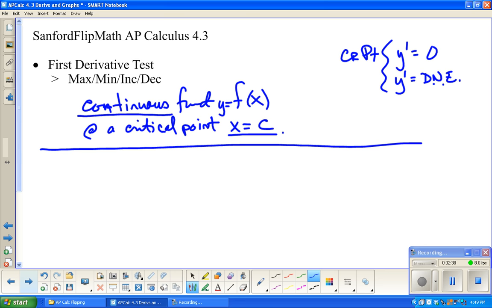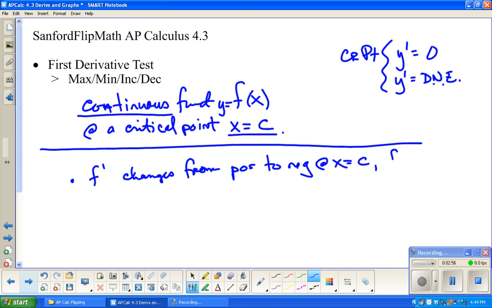The first thing is, if the derivative changes from positive to negative at x equals c, then f of c is a maximum.